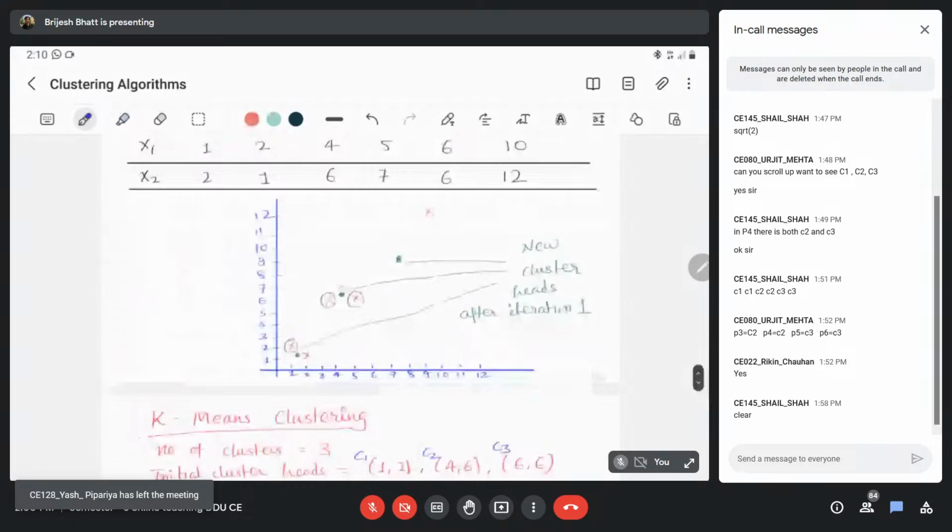What will be your new cluster assignment after the second iteration? P3 will be assigned to C1, C2 or C3. P3 will go to C2, right?